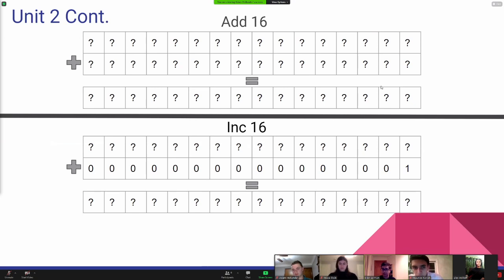Once you make it all the way to the left, that last carry bit no longer matters, so you just forget about it. Then there's the INC16, where you take one 16-bit number and all you're doing is adding 1, doing all the carries necessary. That's how the INC16 works.